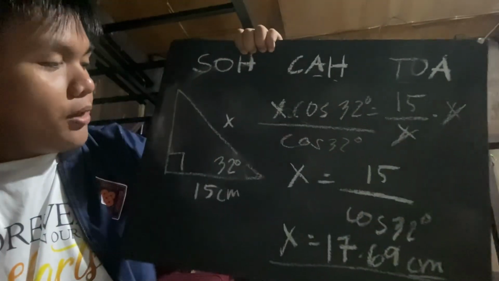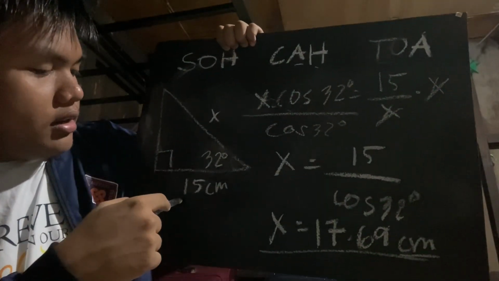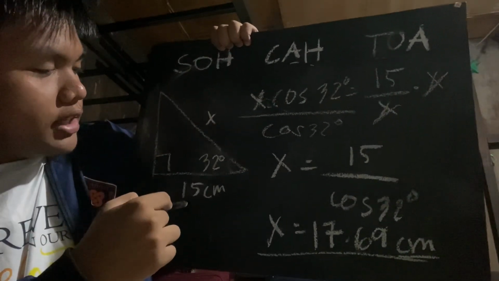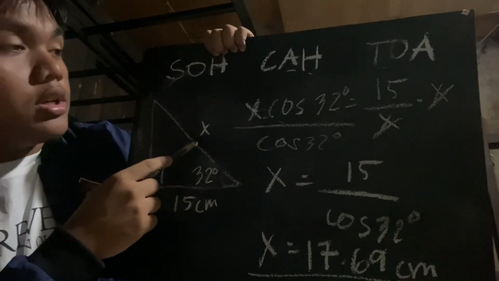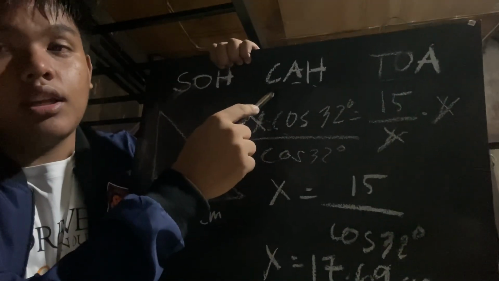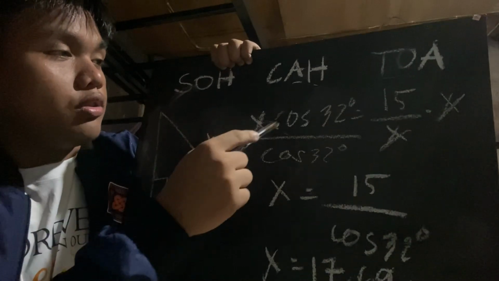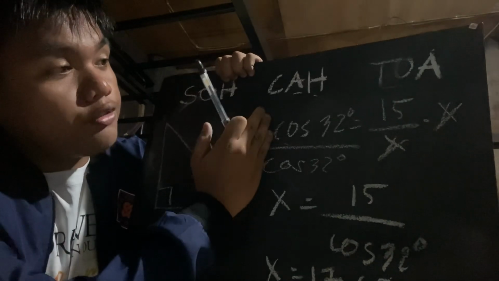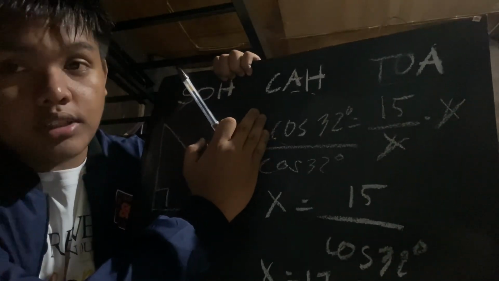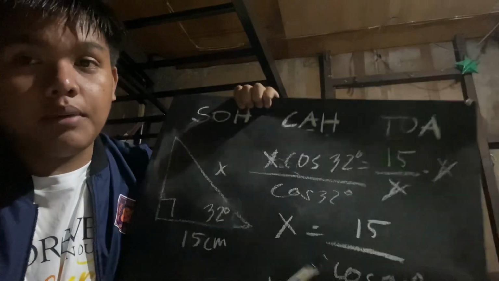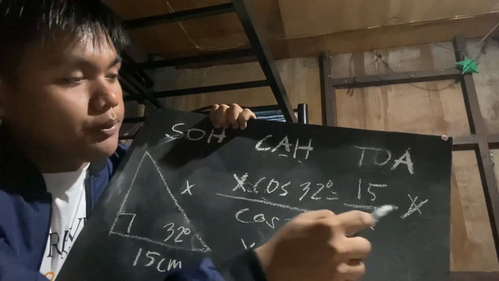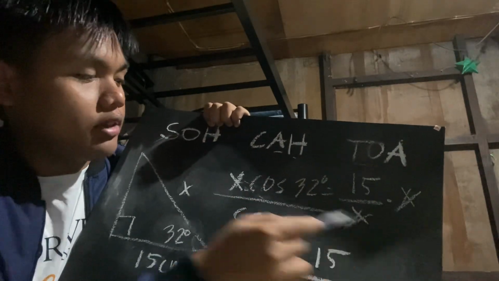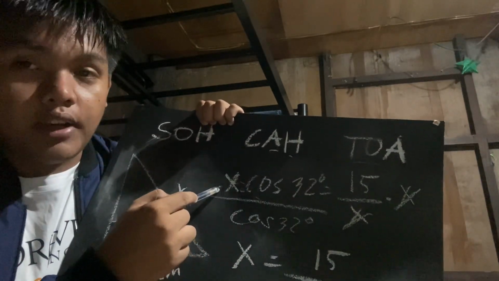Okay, to recap, we have a given right triangle here, and the given values are the adjacent and the angle, and we need to find the hypotenuse. So we can use CAH, cosine equals adjacent over hypotenuse. We can rewrite this as cosine 32 equals 15, the adjacent, over the hypotenuse x. We have a longer process here but it is accurate. First, multiply both sides by x, so the x on the other side cancels out.